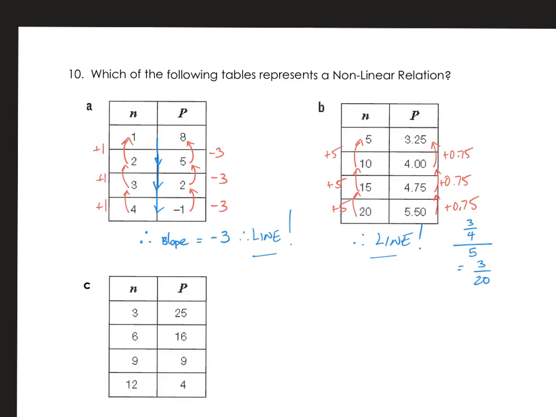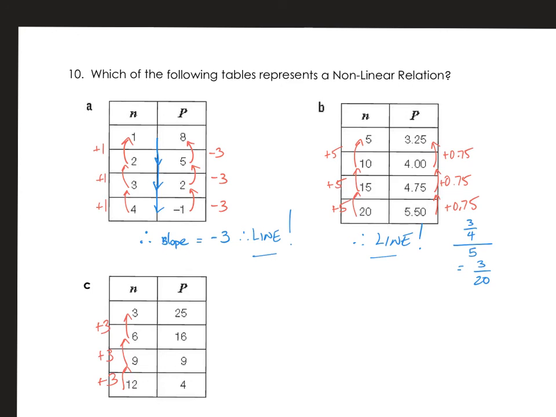Okay, let's take a look at our last table. In C, I want everybody to pause it, give it a shot. We'll see what we come back with. Okay, we're back. And so, as we worked our way through, we would have noticed that we went up 3 units, and up 3 units, and up 3 units. And so it's starting to look like this is going to be a line again.